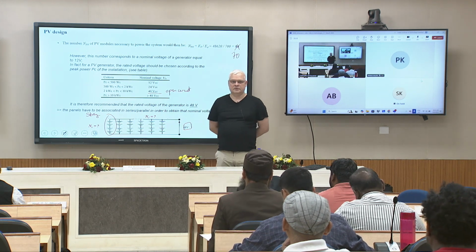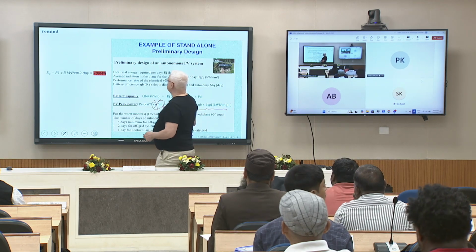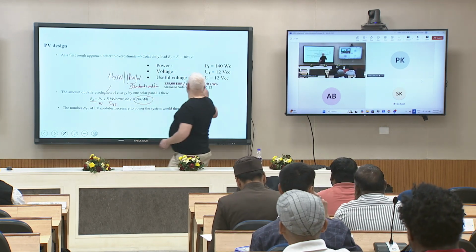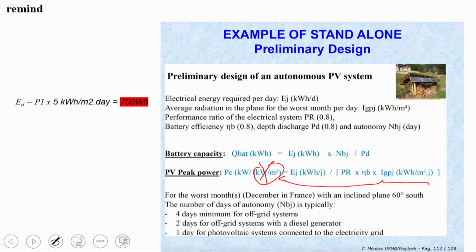Four. Okay, because we said that we select this, which has a peak power of 140 and an open circuit voltage of 12.